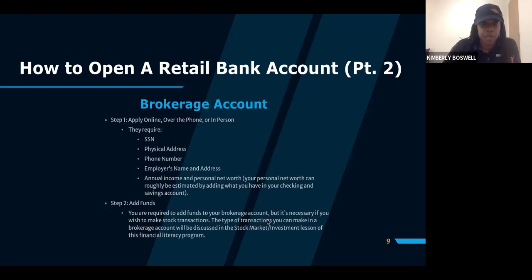Your brokerage account, it is super easy to open accounts here. As I said, once you have a proof of address, some national ID of some sort, and a social, it's super easy. And I say this in comparison to opening accounts in Jamaica, where you need like the blood of your firstborn to open an account.